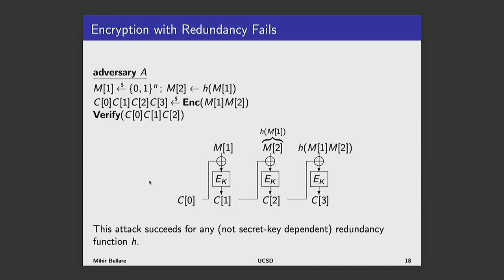Okay, but now what the adversary notices is that all it has to do to get a valid forgery is to ignore the last block over here. If you just look at these 3 blocks, they work, right? Why? Because the last block is indeed the hash of whatever came before, and everything else is valid CBC encryption. So all you have to do is call verify on this truncated ciphertext, and you're done.